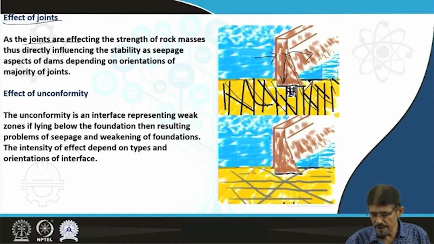As a result, if the majority of joint planes follow toward the downstream, it is problematic, similar to what we observed in the case of bedding running, striking or dipping downwards toward the downstream. Similarly, if upstream, it is not problematic; if vertical near this zone, it is similar to a fault.